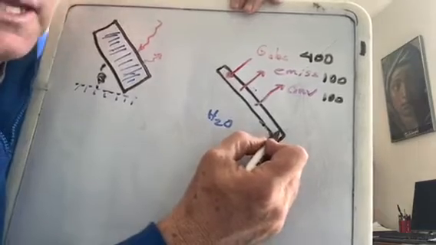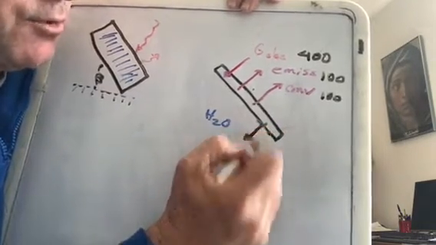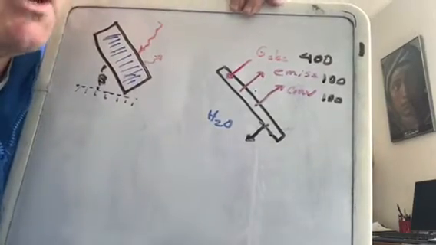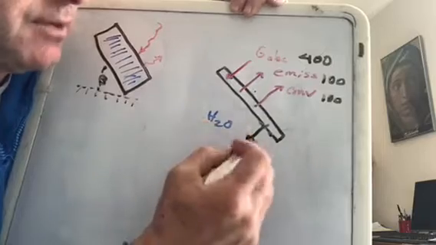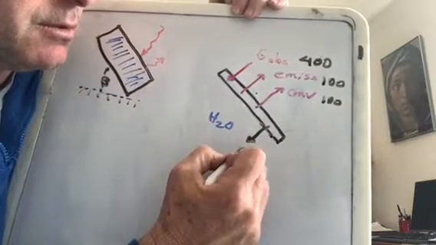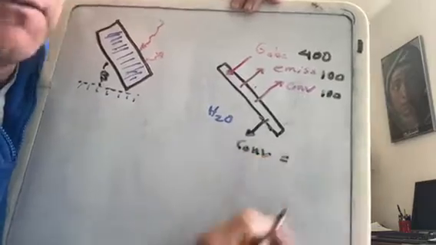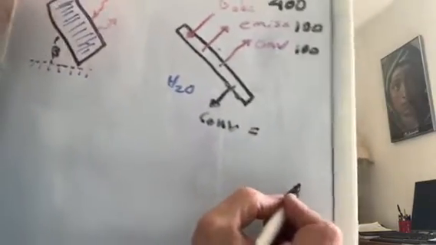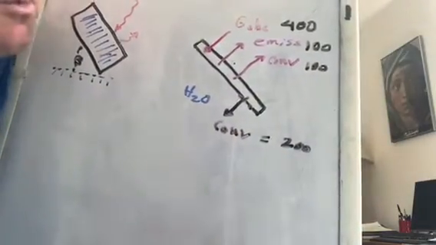We're hoping this plate is getting hot and energy is going out of that plate and into the water. What form of heat transfer is that? That's going to be convection. So with the numbers I have there, we would like that to be 200. The amount that goes into the top is equal to the amount that goes into the water.